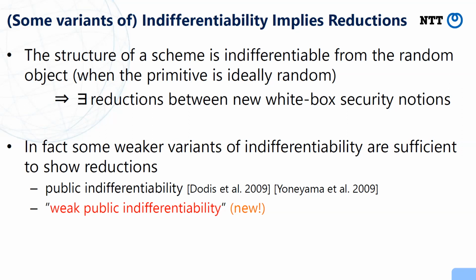And we also show that a weaker variant, which we name weak public indifferentiability, is actually sufficient to show reductions. I would like to explain details about weak public indifferentiability, but I don't have enough time today, so please read our paper for details. Anyways, to show reductions, it is sufficient to show indifferentiability or weak public indifferentiability.